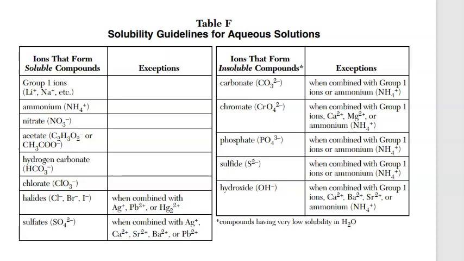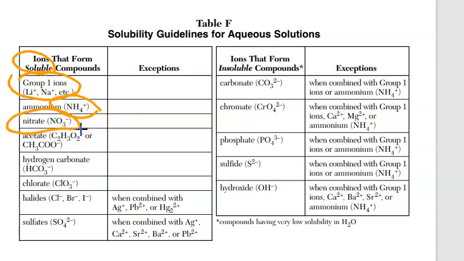When you use reference table F, you literally have to take the formula and break it apart into the positive and negative ions to get the answer. There is an answer of the choices that has ammonium, and ammonium is always soluble. There's potassium in another choice, group 1 ions, which potassium is part of. They're always soluble, and nitrates are always soluble.